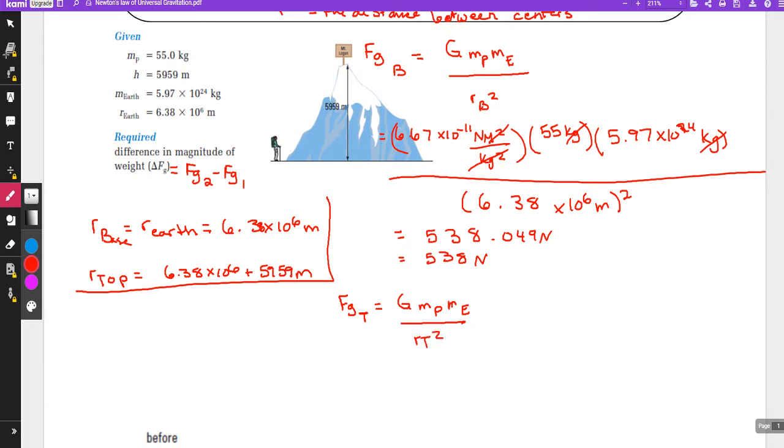So you can kind of see where a difference might occur here. The gravitational constant is the same. It's this guy right here that's going to give us a difference. So keep an eye on that. 6.67 times 10 to the negative 11 newton meters squared per kilogram squared. Mass of the person stays the same. Mass of the Earth stays the same.